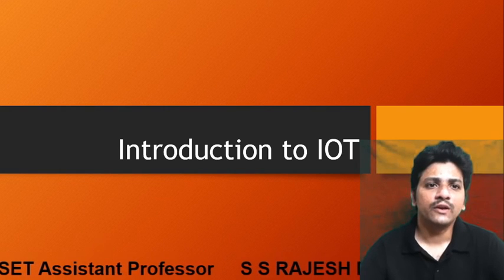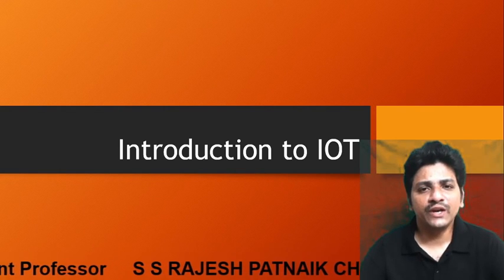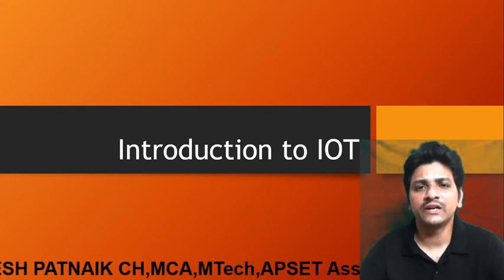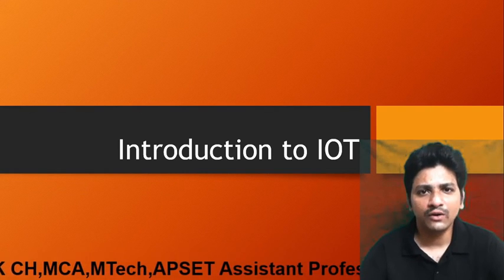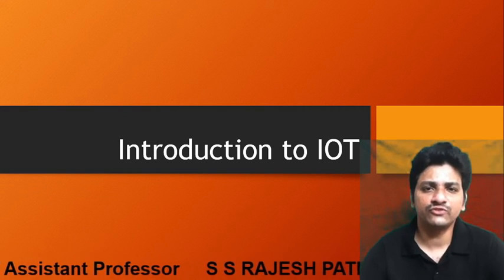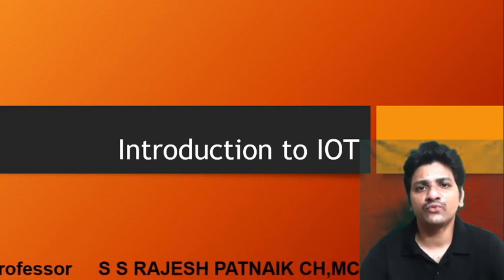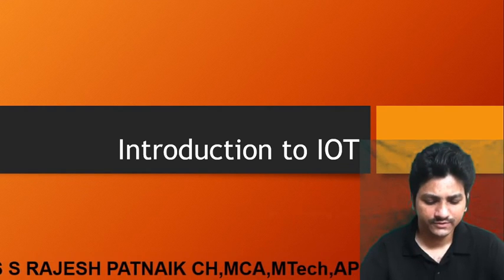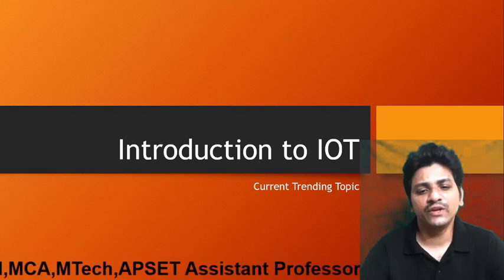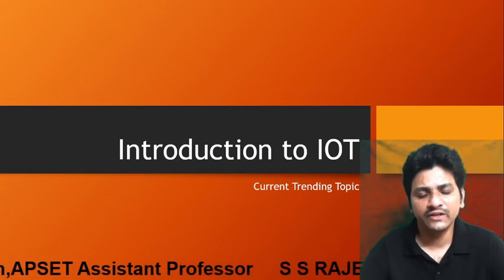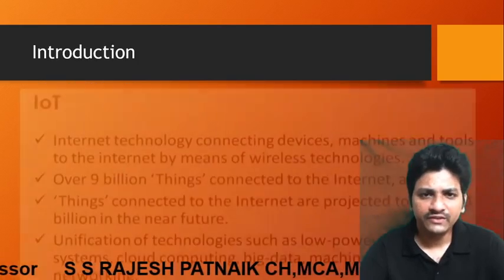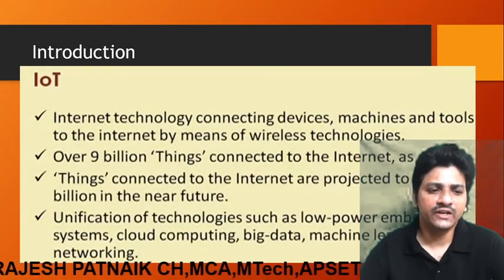So there are various types of tasks performed by real-time objects. If the object is embedded with a sensor and actuators, then it performs real-time tasks. So here, we understand this is a very trending topic nowadays.